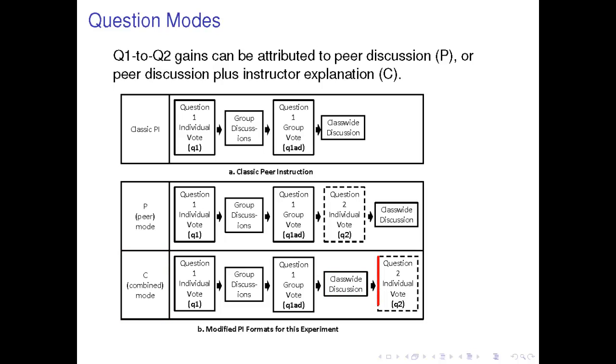So before they answer question 2, they're getting not only their peer influence but also my instructor influence. The question is, what additional benefits are students getting from me compared to only discussing with their peers? Hopefully the C mode has way higher learning gains than the peer-only mode, and that would suggest that the instructor is adding significant benefit to what the students are learning.